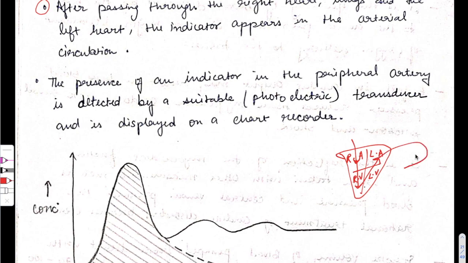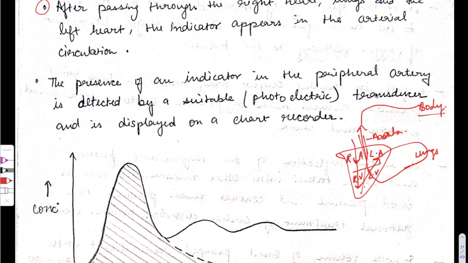It goes from the lungs to here, then here is the aorta, and it goes through the aorta. After passing through the left part of the heart, the indicator appears in our body.